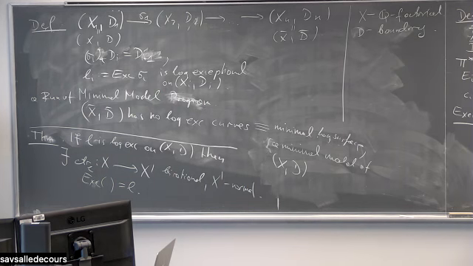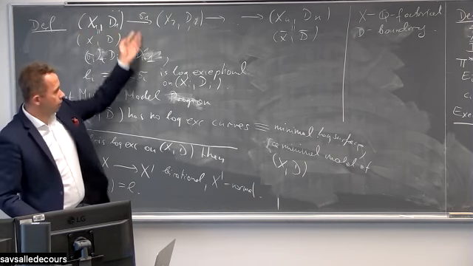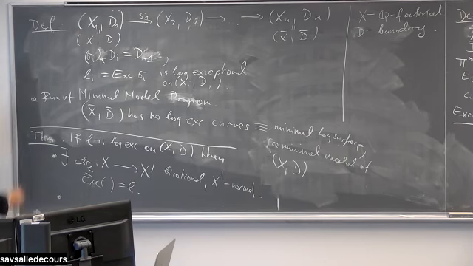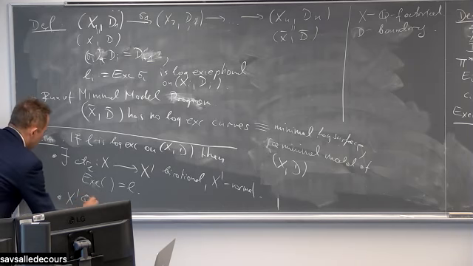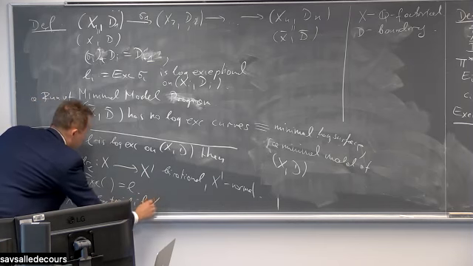Such a contraction exists, okay? So once I have such a curve, the contraction exists. And now I also need to argue, but I won't do this here. Now you need to argue that X prime is Q-factorial if X is.